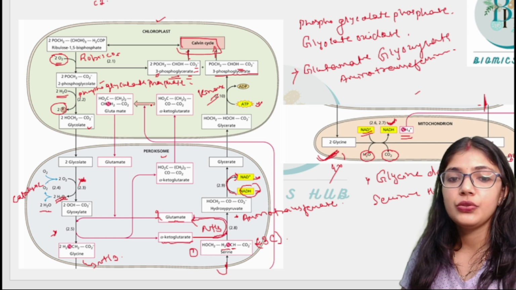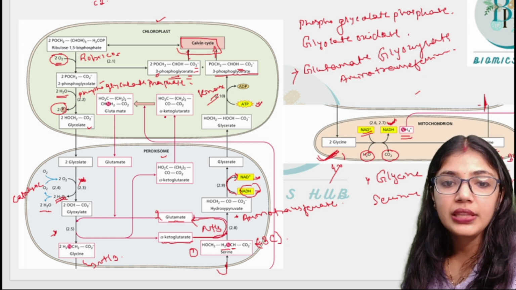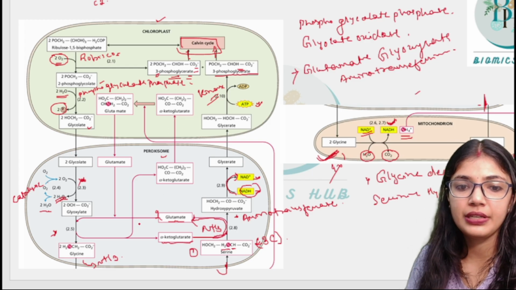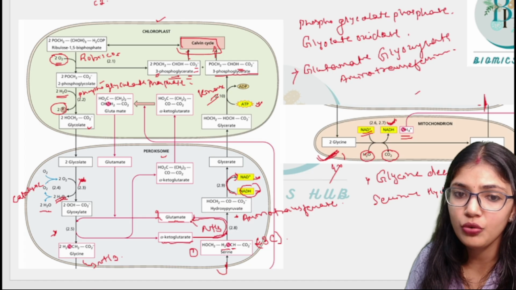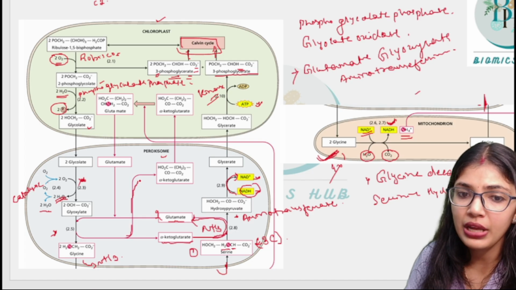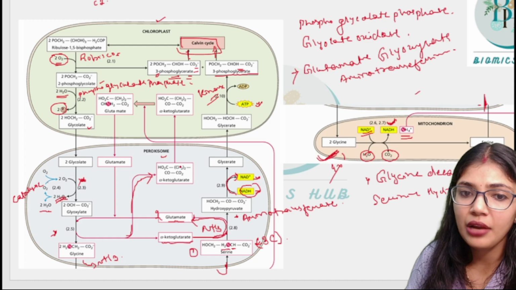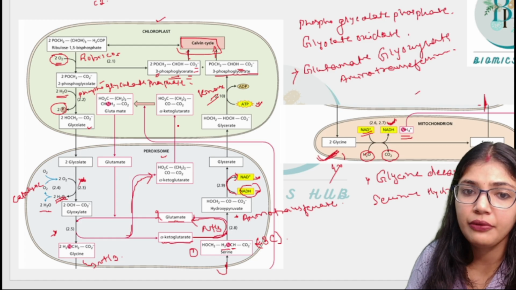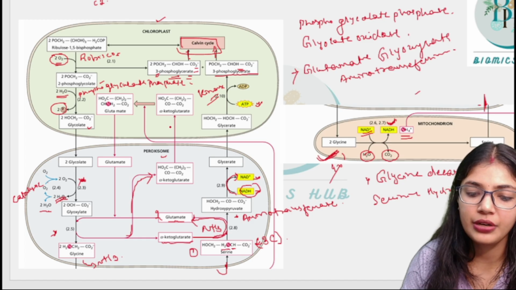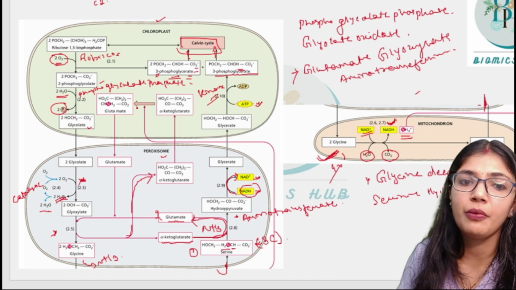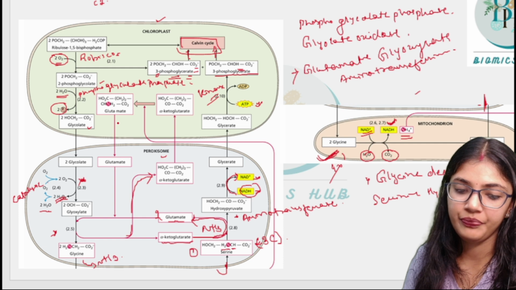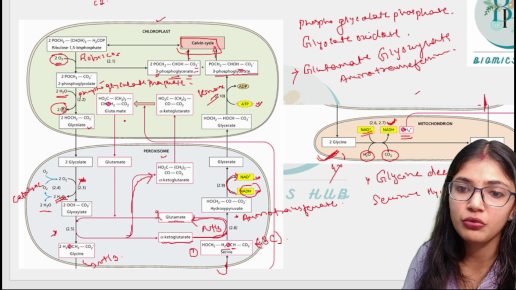Okay, now the alpha ketoglutarate which was present, from here one alpha ketoglutarate took the NH3 and converted into glutamate. Now there was another alpha ketoglutarate. This alpha ketoglutarate will be transferred into the chloroplast and it will help in the formation of glutamate. Who will help in the formation of the glutamate?